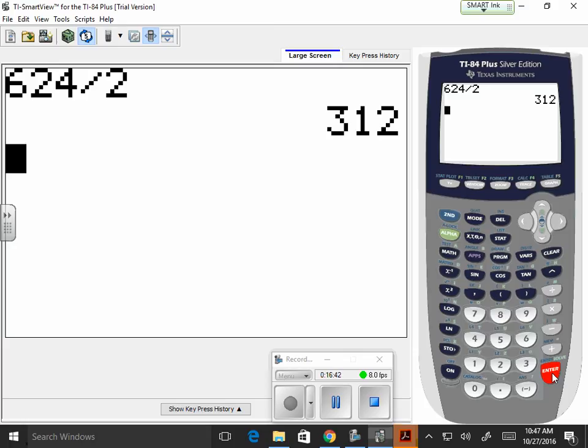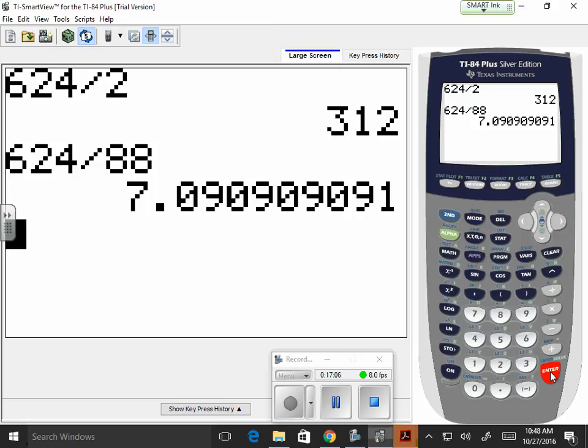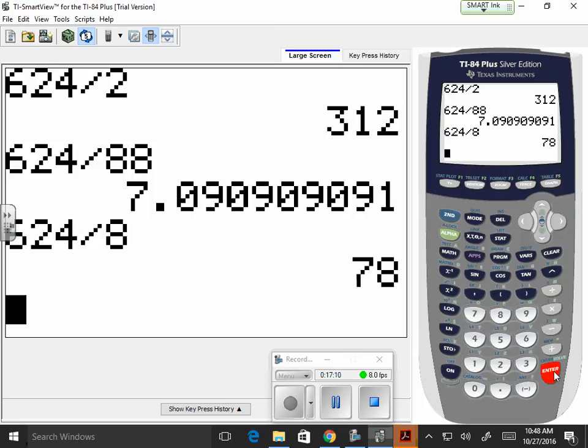So that's not going to get me very close. 2 times 312, that's too far apart. All right, so let's see, what if I divide by 8? 624 divided by 8 is 78. There we go, 78 times 8.